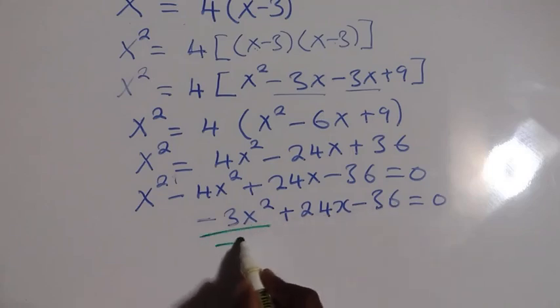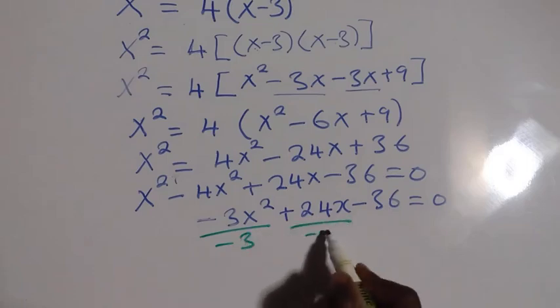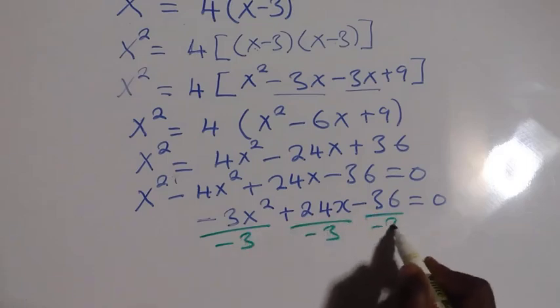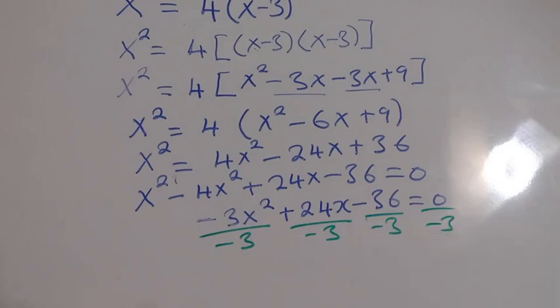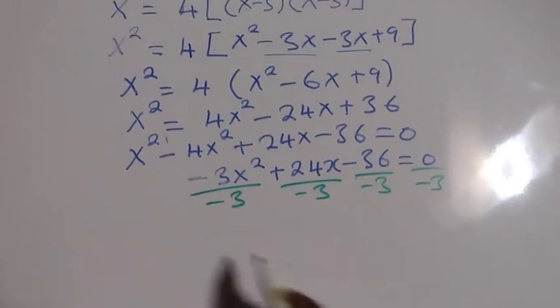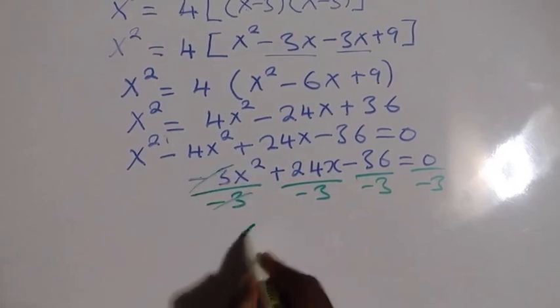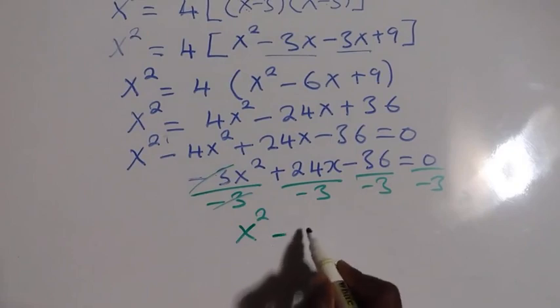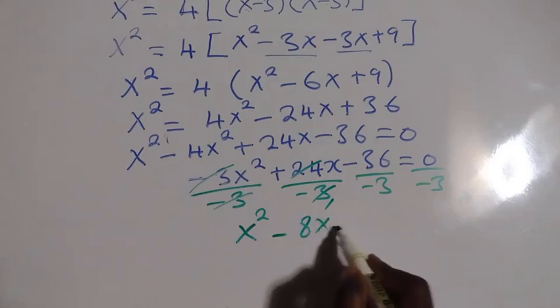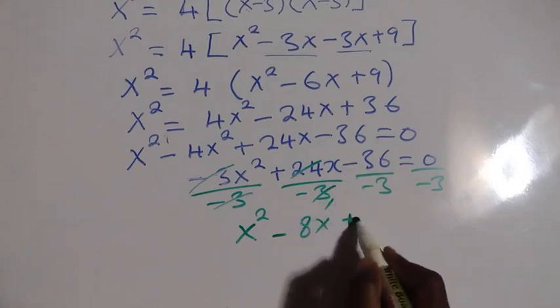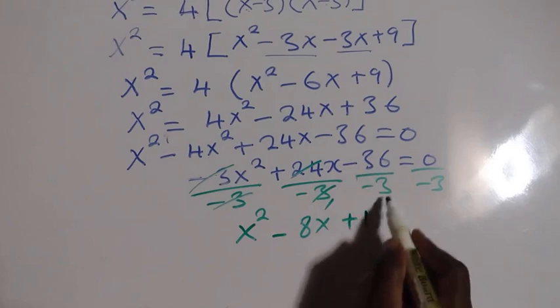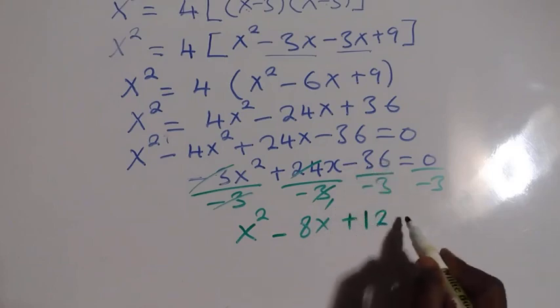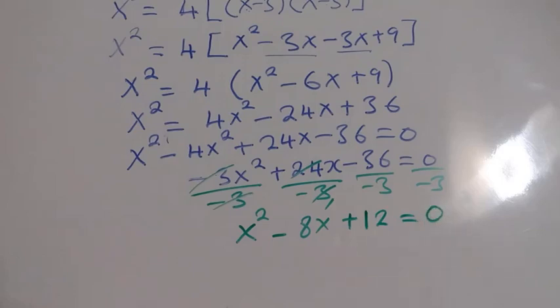We can divide with a minus 3, even here, minus 3, minus 3, even here, minus 3. So that we can cancel this, we get x squared, negative positive, we get negative 3 into 3, 1, 3 into 24, 8x, negative negative, positive, 3 into 3, it's 1, 3 into 6, it's 2, equal to 0.